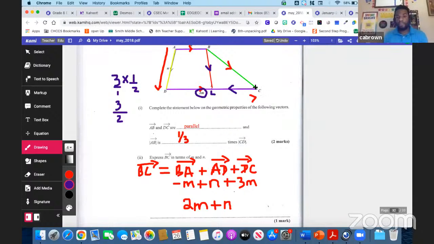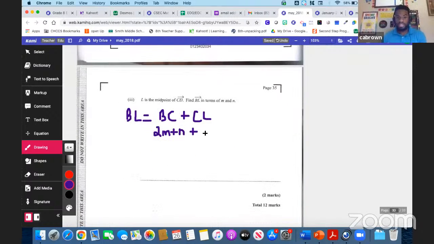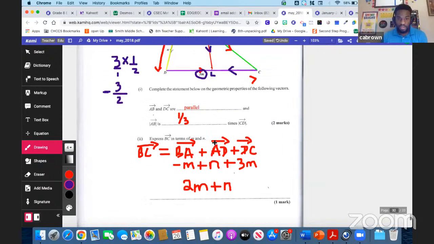But we're going in the opposite direction. Do you realize from D to C, we're going the positive direction. We went to the right. So because we're going in the opposite direction, we can say that this is a negative 3 over 2. So pretty much CL is plus negative 3 over 2. What was the letter there? M.